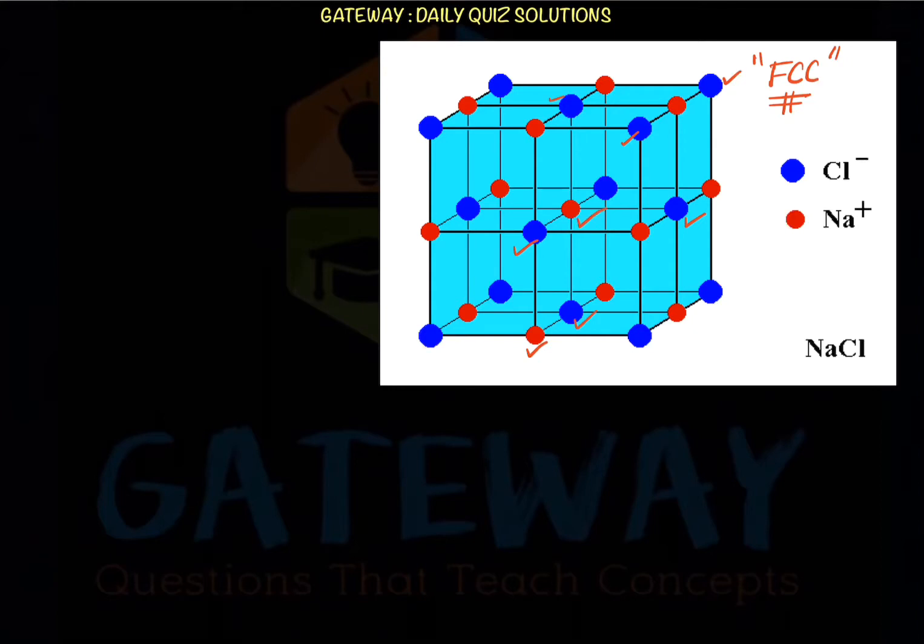Also at the center we have Na plus. So we need to calculate the number of atoms. If we take a single plane, we need to know how many atoms are present. So initially we'll close this.